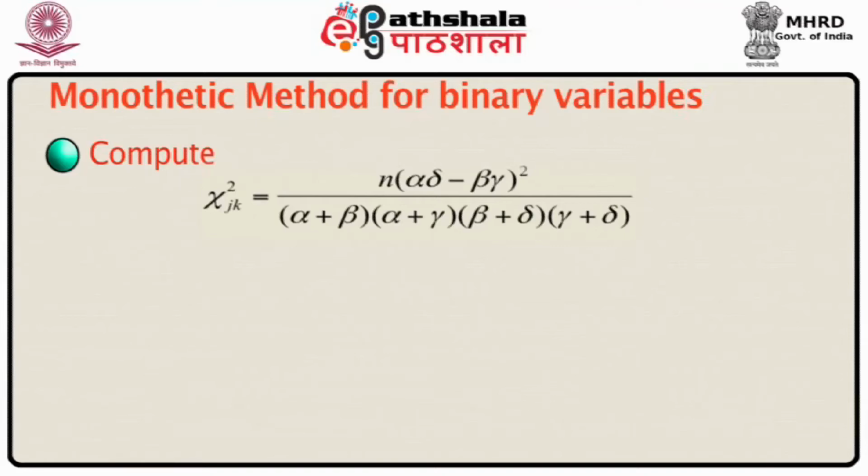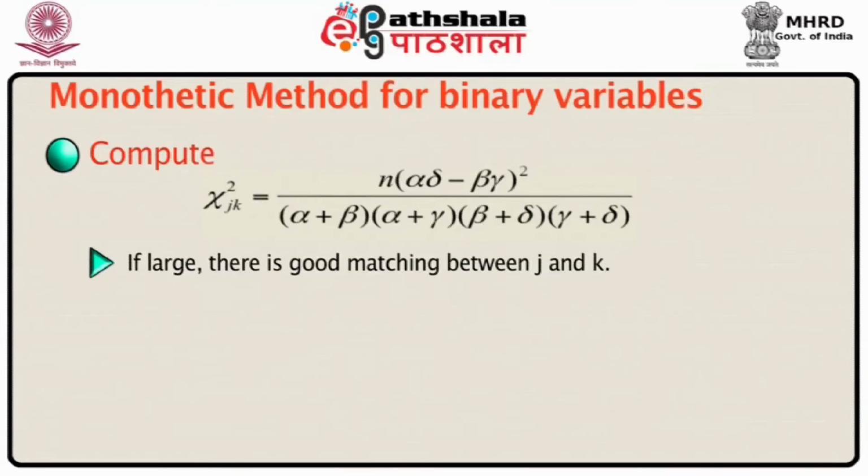So if we have both, we have a matching, or if we don't have both, we have also a matching. On the other hand, beta and gamma gives us the non-matches. And we get this chi j k square value. So if we have a large value of this, then we say that there is good matching between j and k.